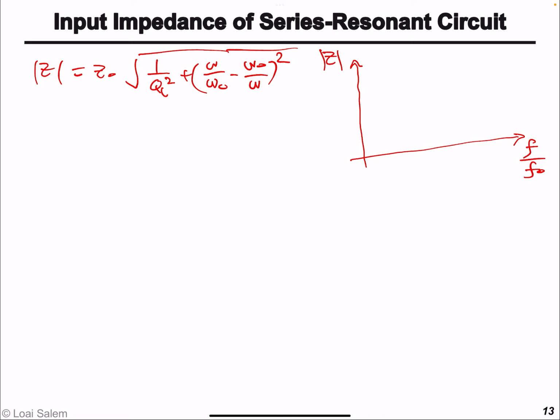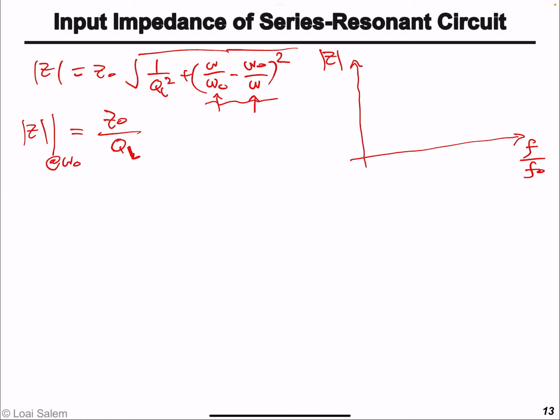So at omega node, essentially this term will cancel this term, and we will end up at omega node with Z node divided by QL.